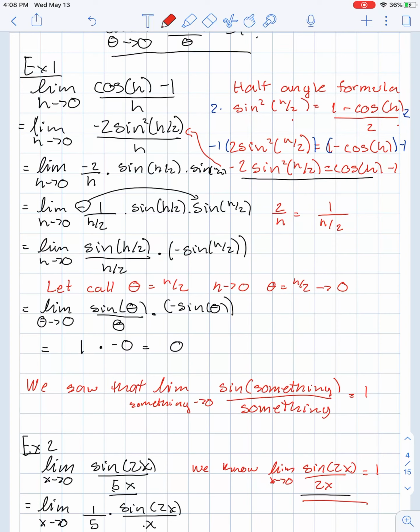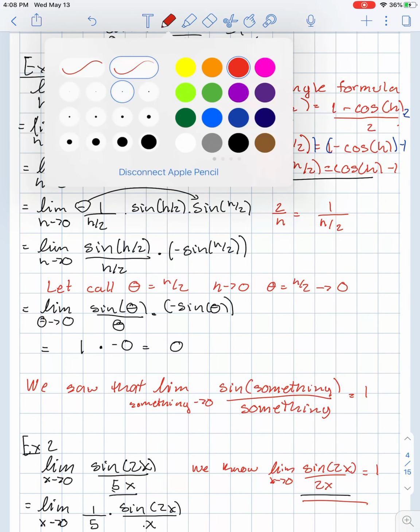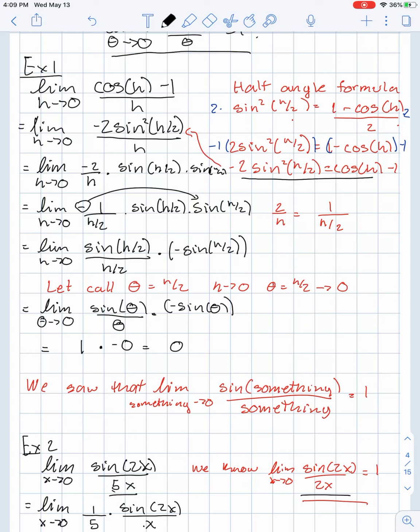and I'm going to plug in, because they're equal to each other, to this limit. So now I have the limit as h goes to 0 of negative 2 sine squared of h divided by 2, divided by h. I can now take these pieces and multiply them in different parts, because when I'm multiplying fractions, I'm just going to multiply top times top and bottom times bottom.